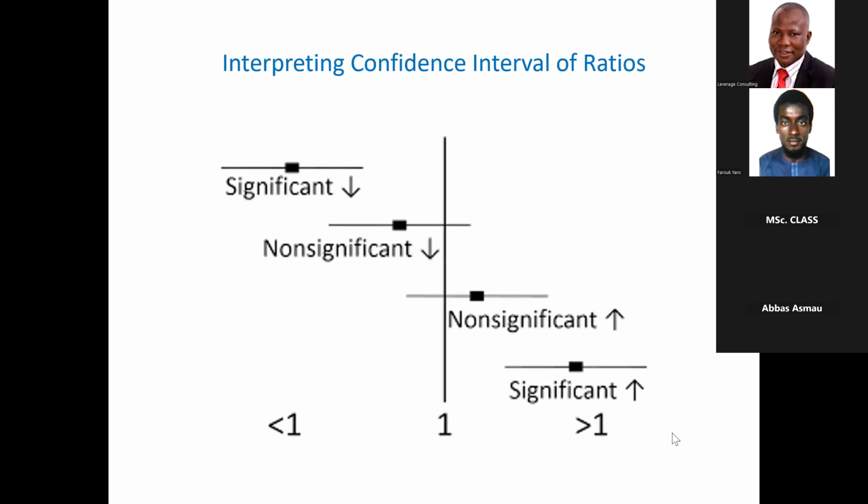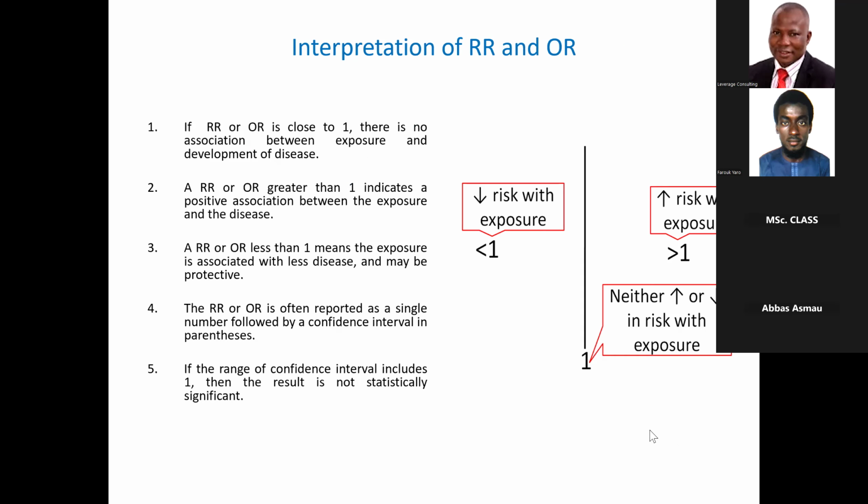Look at this diagram on the right side. That line is 1. That is a border. If the relative risk is less than 1, it means that the exposure is protective.